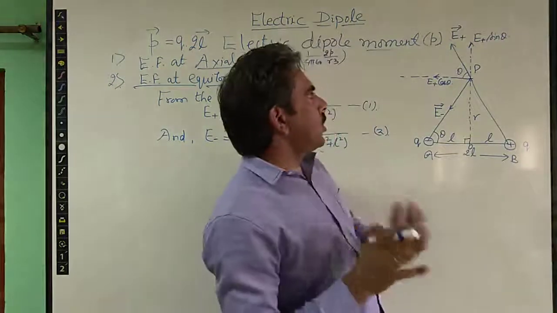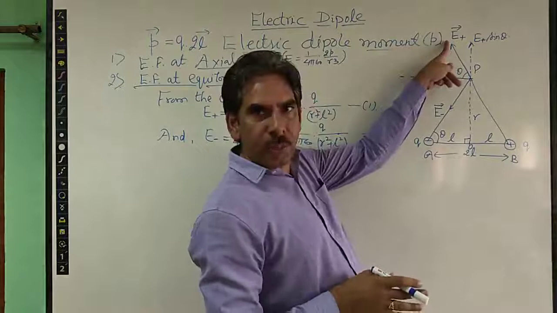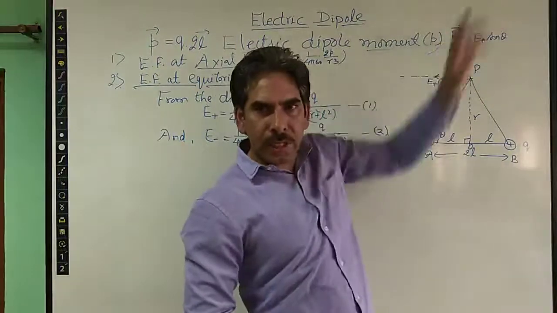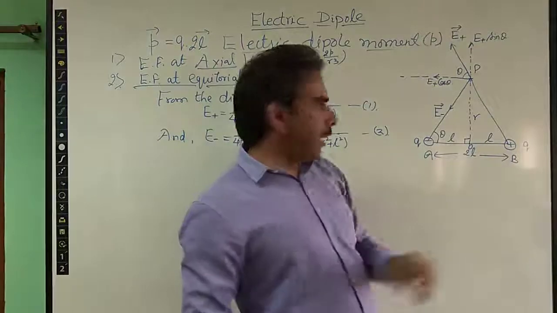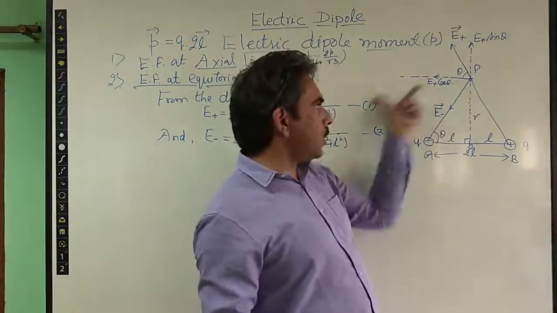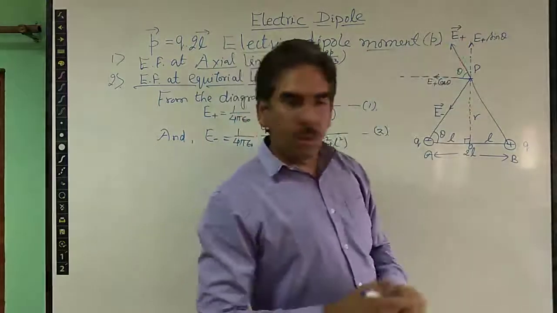So we have just resolved this electric field due to positive charge into its components, one along the horizontal and another one along the vertical. Similarly, we can resolve this electric field into two components, one along the horizontal, other one along the vertical.